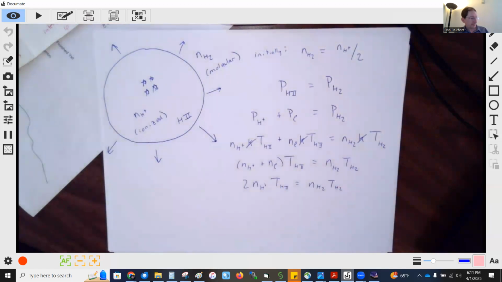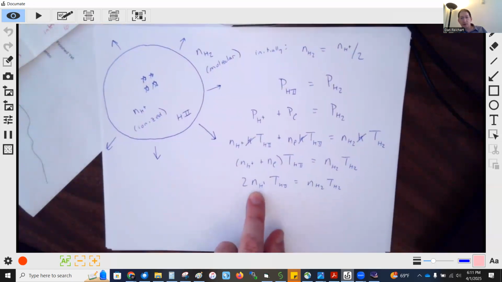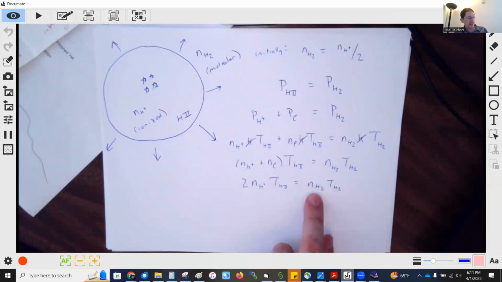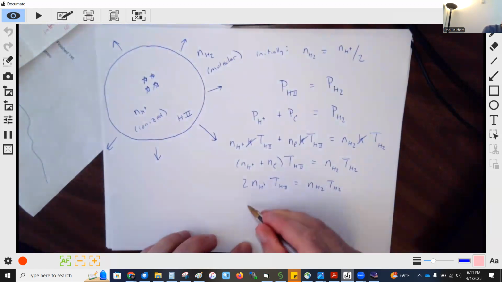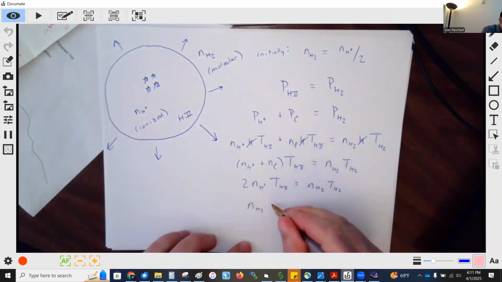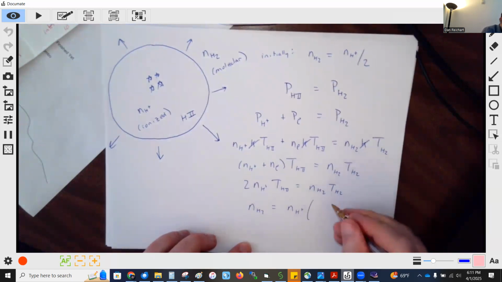Now we know this. We know the density of the ionized protons on the inside. We want to know the density on the outside. So solving this, we get the density of the molecular hydrogen in the outside undisturbed cloud is the density we already calculated times this ratio, 2 times the inside temperature divided by the outside temperature.